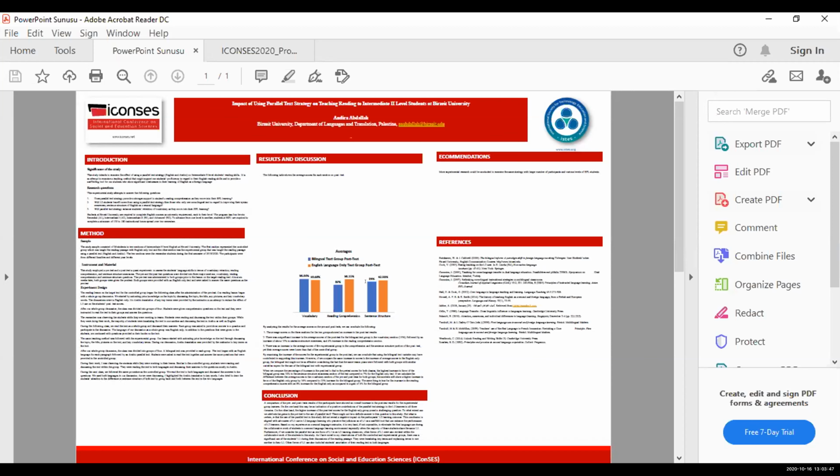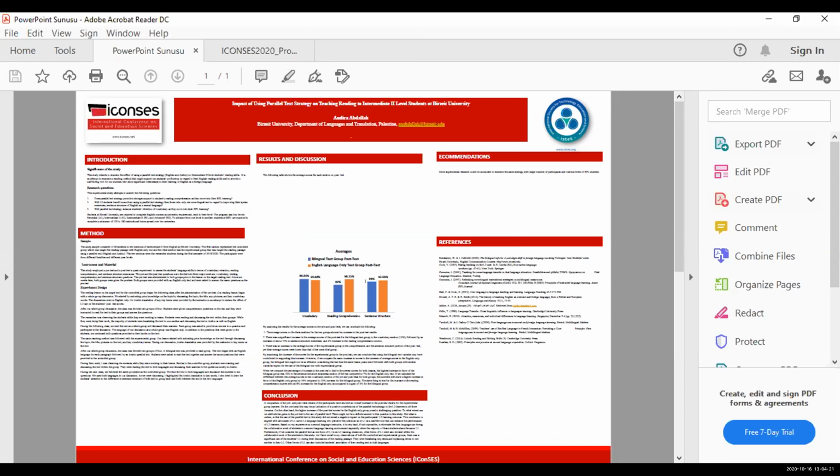By examining the increase of scores for my experimental group, we can conclude that using the parallel text strategy may have contributed to this gain. However, if we compare the same increase in scores to the increase of the controlled group in their post-test, it might seem that the parallel text was not as effective.